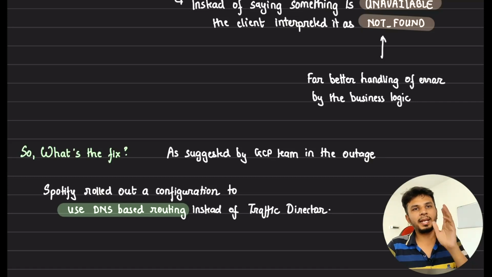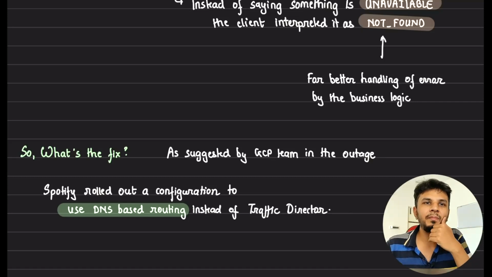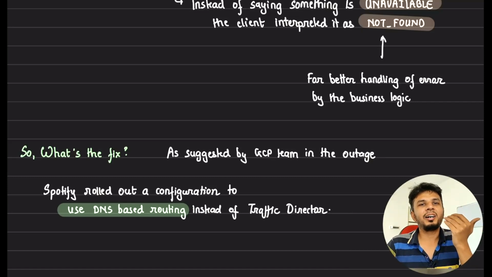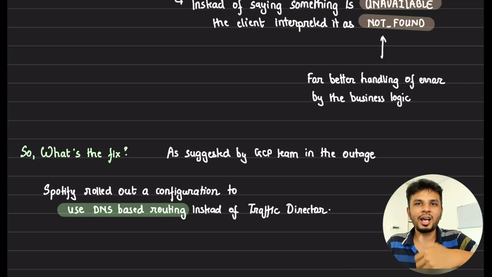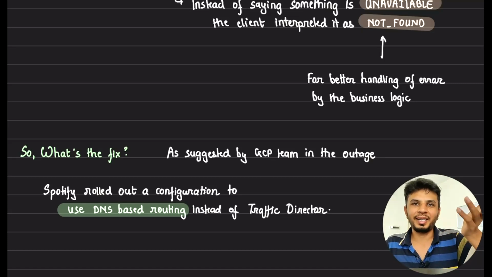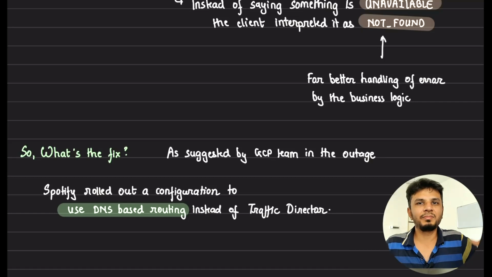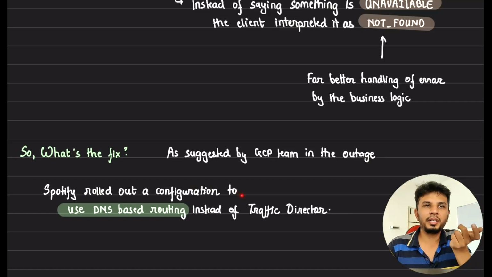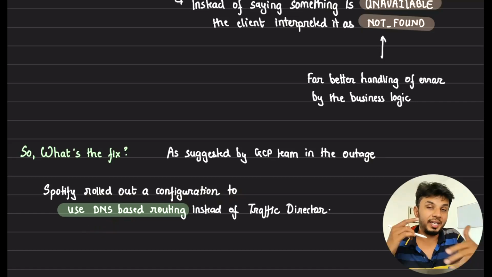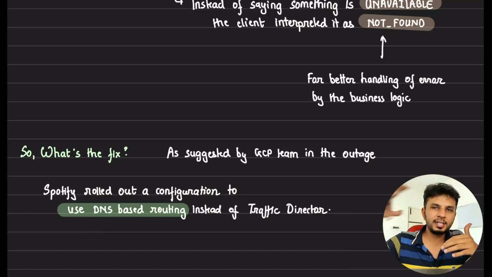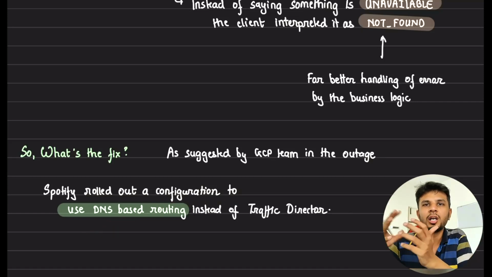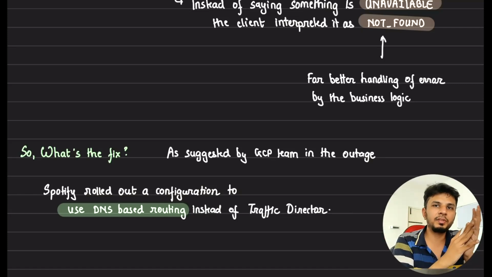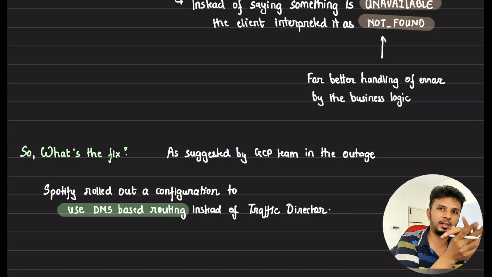So what was the fix that Spotify applied? Spotify applied something suggested by the GCP team, who said to try to move your workload out of Google Traffic Director and into something which does not use it. Spotify had some of their services running on Traffic Director and some using DNS based routing.